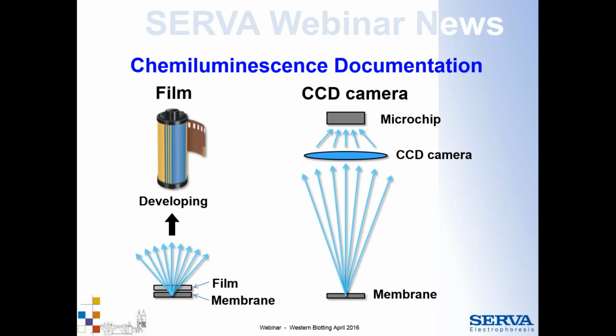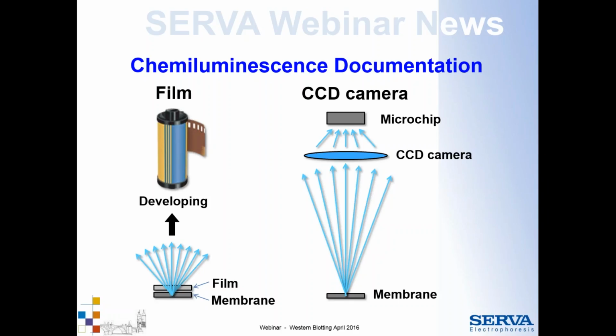A better system is the system which uses a CCD camera, where the distance between the membrane and the detection system is a little bit wider, so this makes the quantification much easier.